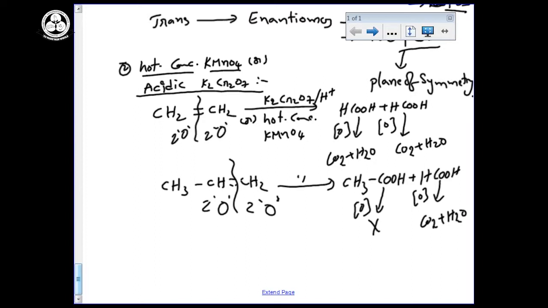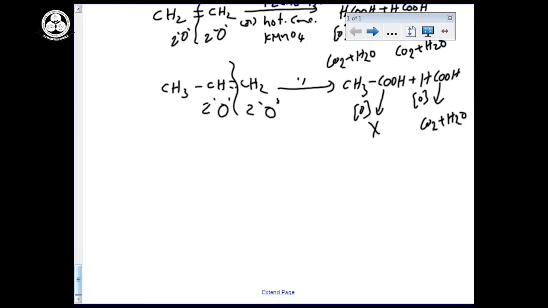Some alkenes give acids like this, but some compounds cannot give the acid stage. CH3 C double bond CH3, CH2. Same reagent you are using. Previously I told you to break up to here, then you form 2 oxygens here and 2 oxygens here. Carefully observe.